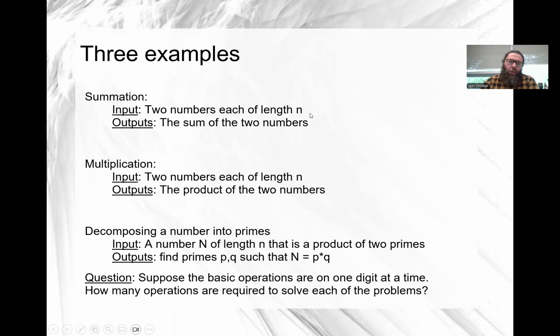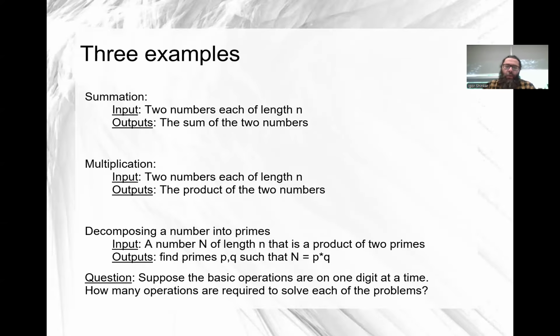One is, given two numbers with n digits each, compute their sum, compute their product. And there was a third problem, which is kind of the opposite of computing product: given a number, break it into p times q. And for each of these questions, we asked what's the running time of our algorithms.